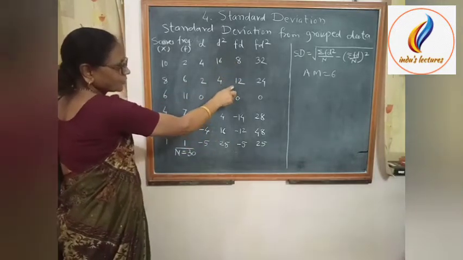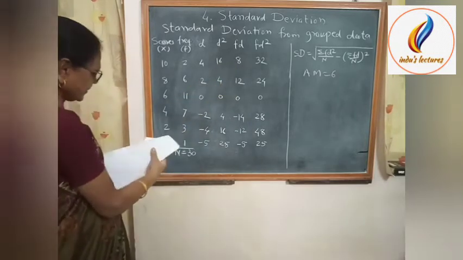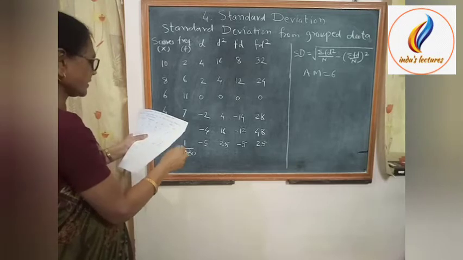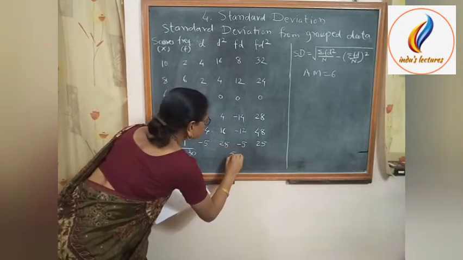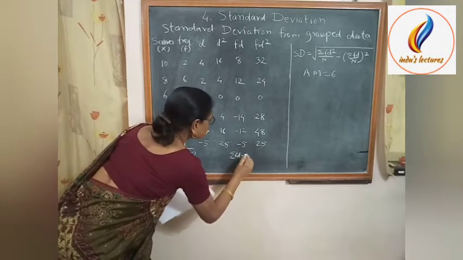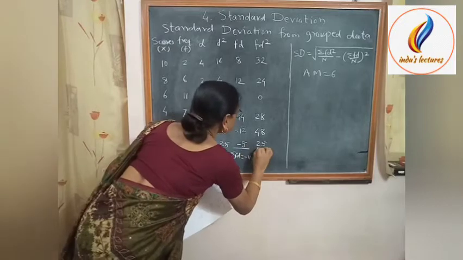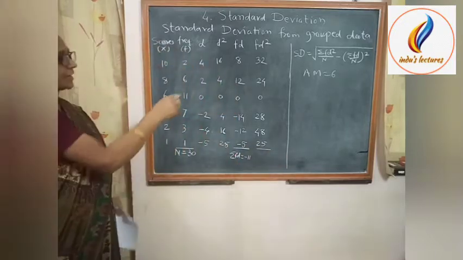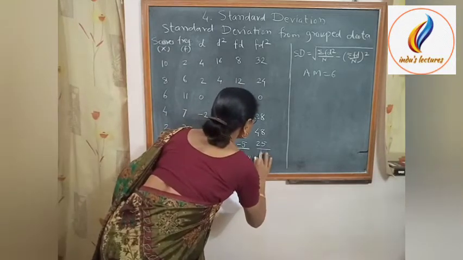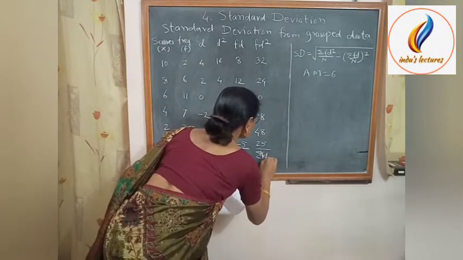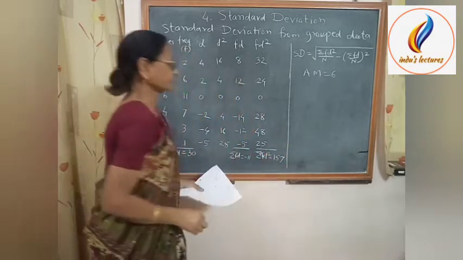The sum of positive products is 20 and the negative ones are minus 31. So sigma fd is equal to minus 11. And the last sum, sigma fd square, is equal to 157.